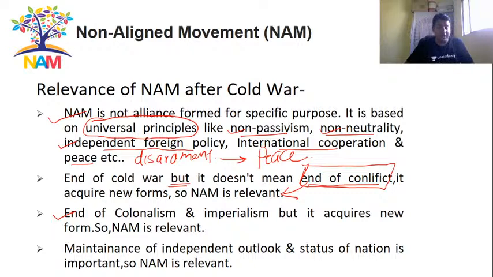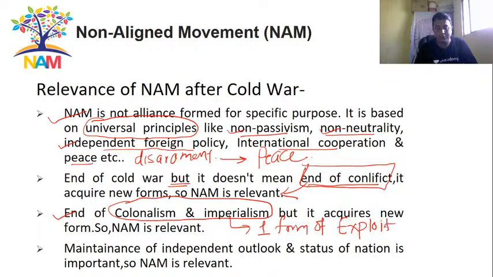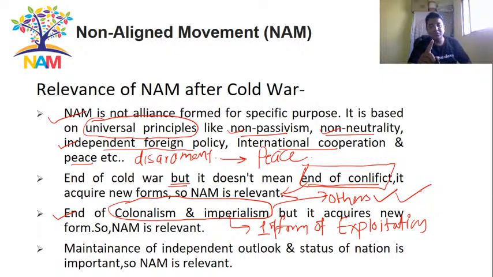No. So that means colonialism and imperialism is one form of exploitation, but others are present, and you know that NAM is against dominance.